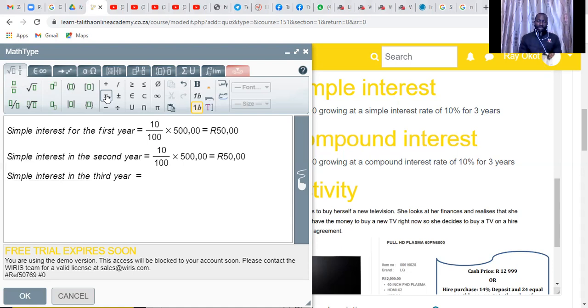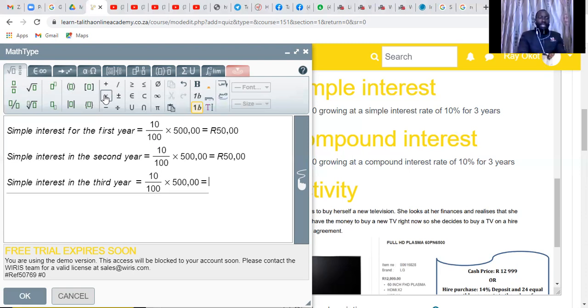And so what is that going to be? Well, that is going to be 10%, that is 10 out of 100, times 500. How much do we get? Well, we get 50.